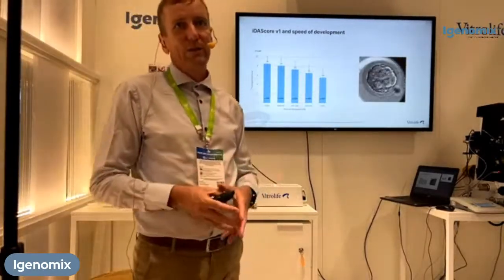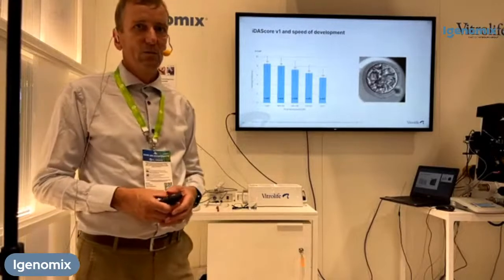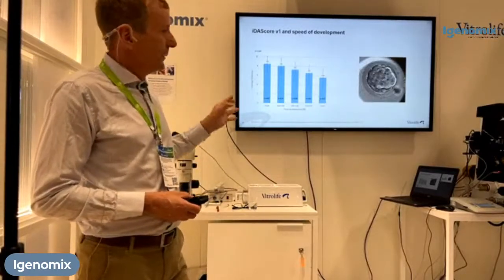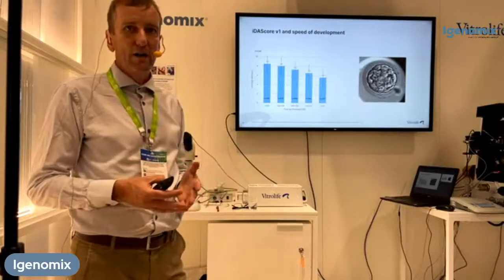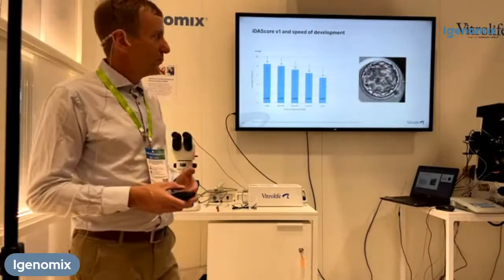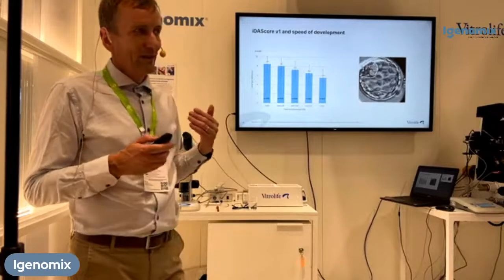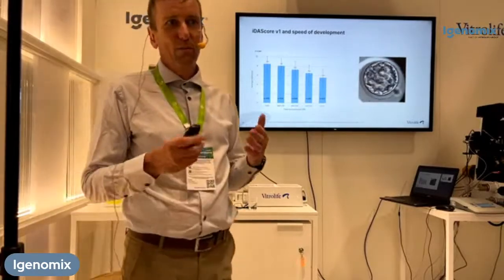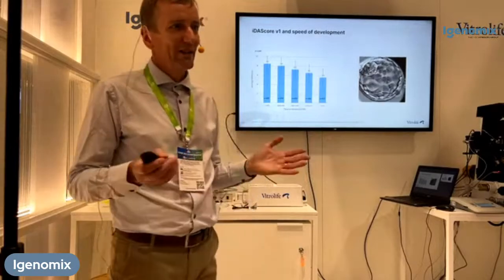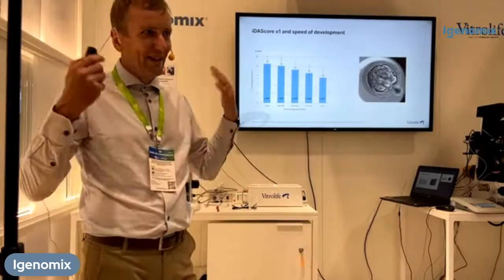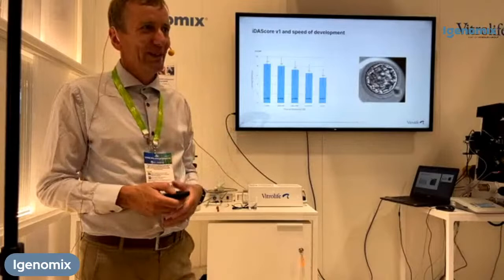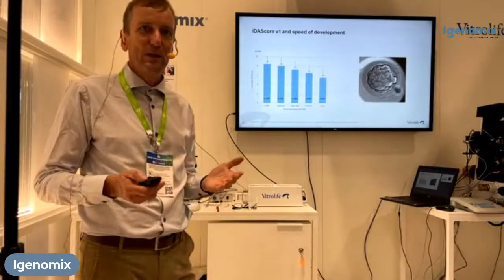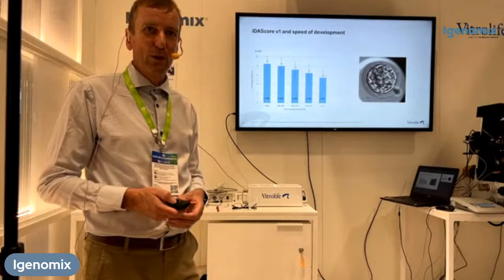And also here we see a very nice correlation. If you are fast, then we know that's good, and iDAScore also gives you a high score. So again, this shows us that iDAScore has learned that speed of development is very important. Most probably it doesn't know anything about tB, because that's a manual, human-invented feature, but it looks for something like what we look for when we look at embryos.